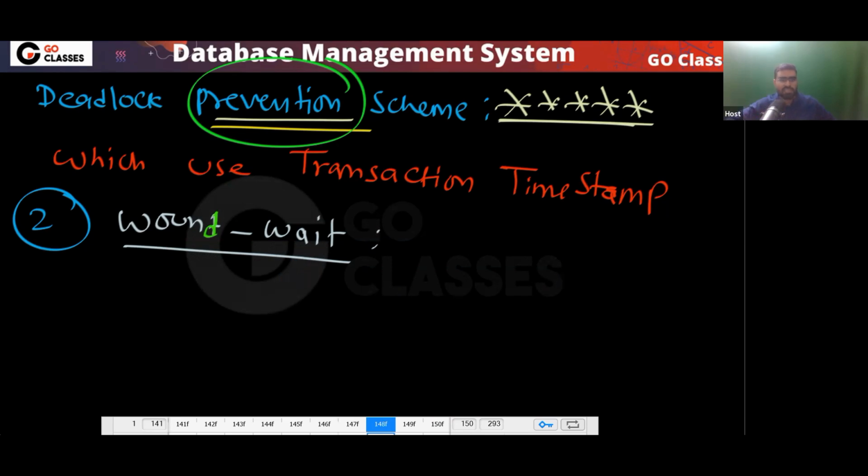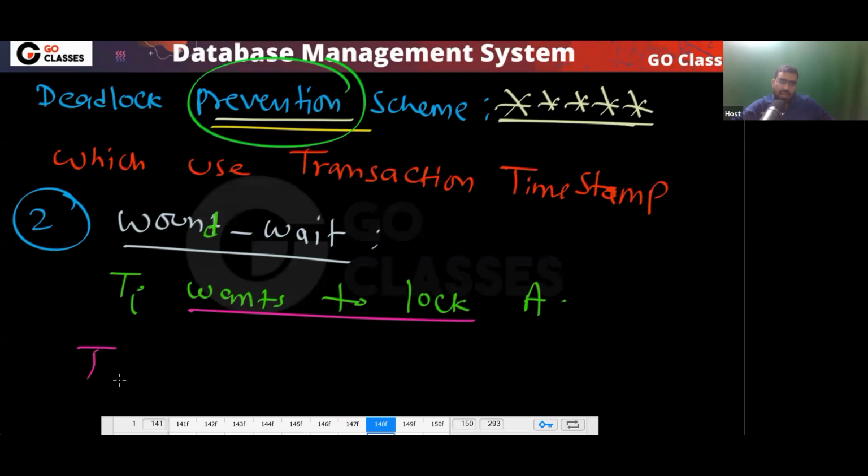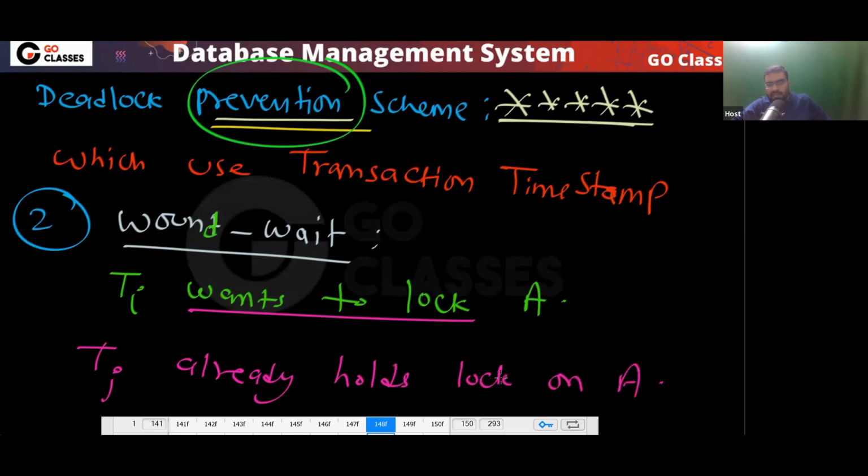What does this scheme say? Assume that TI wants to lock A, and let's assume TJ already holds a lock on A. Consider this scenario.